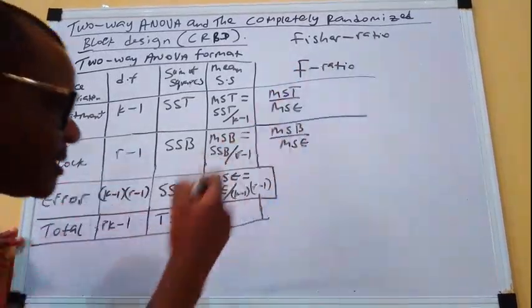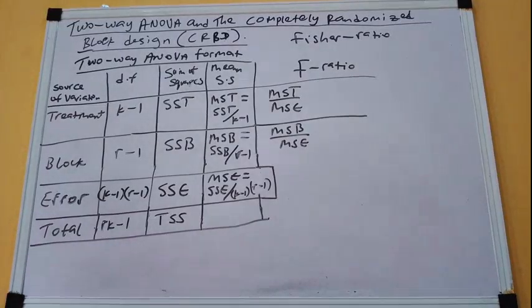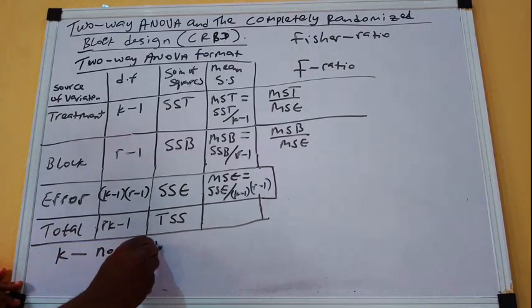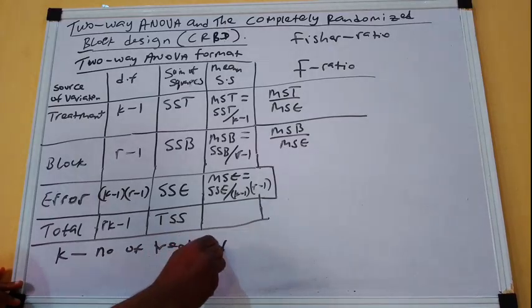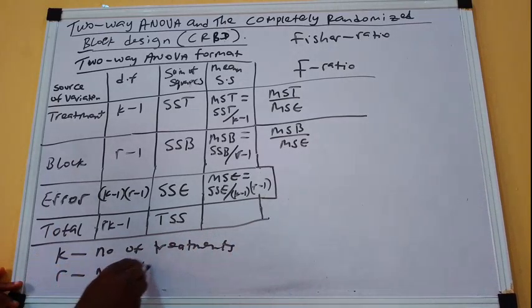It's like you are conducting two tests in one. Of course, here our K means the number of treatments, and our R means the number of blocks.